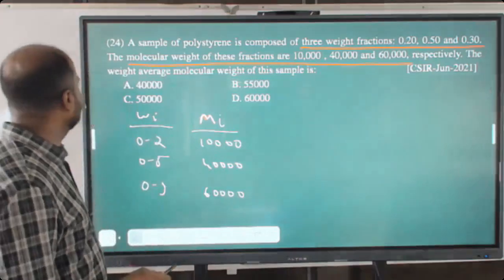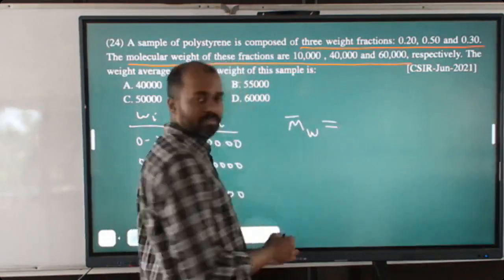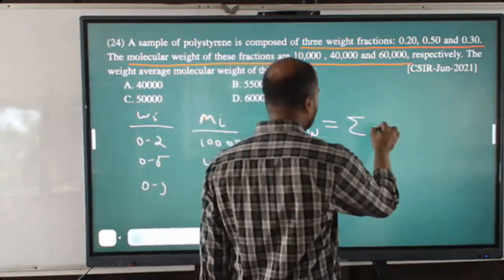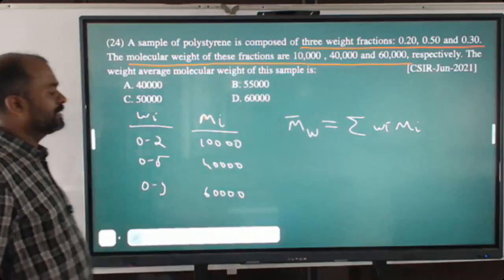The weight average molar weight Mw is equal to sigma Wi into Mi.